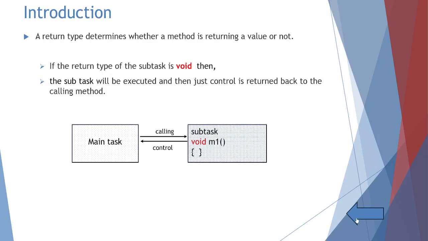Now, a return type determines whether a method is returning a value or not. If the return type of the subtask is void, see subtask void M1, the subtask will be executed and then just the control is returned back. Void type means only the control is returned back.